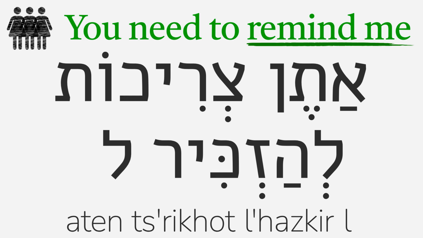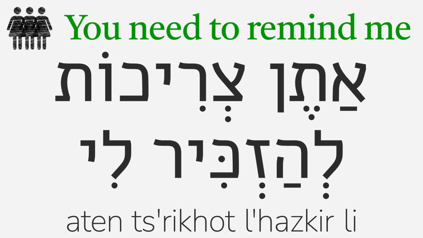There are many places in English and Hebrew where there are differences in how prepositions are used. So when you learn a Hebrew verb, it's also good to learn if any unexpected prepositions are used with it, like lehaskir using the preposition le. Back to the sentence, onto le, we add the suffix i, which means me, making the sentence, aten tzrichot lehaskir li. You need to remind me.